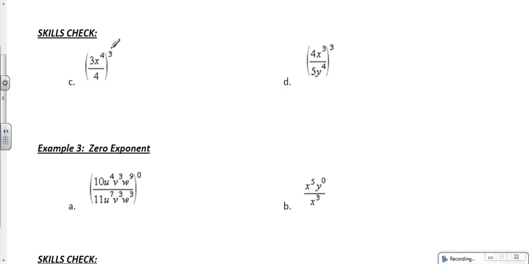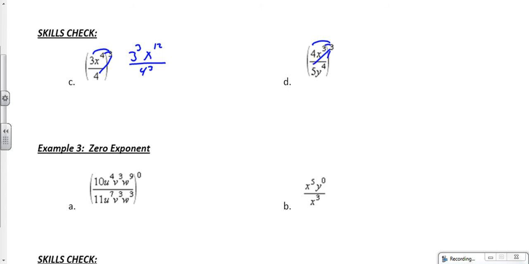Alright, again, distribute the power to everything inside the parentheses, and we get 3 to the third, x to the 12th, and 4 to the third. Distribute the power of 3.